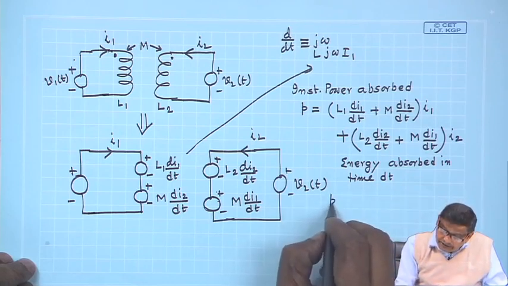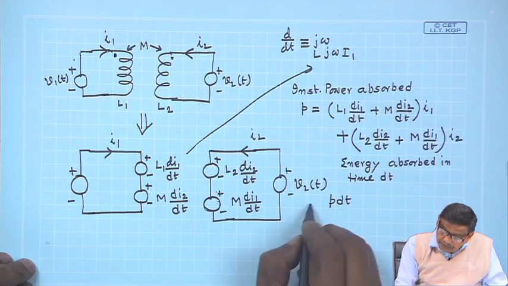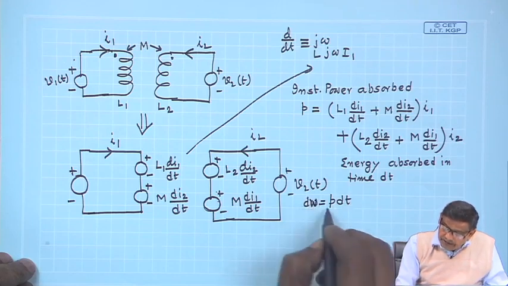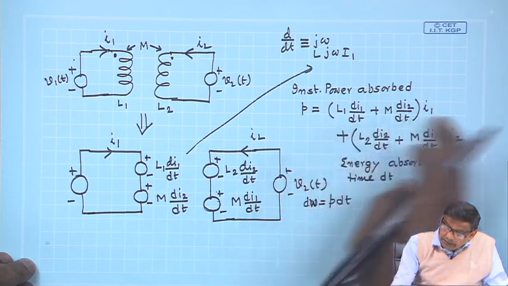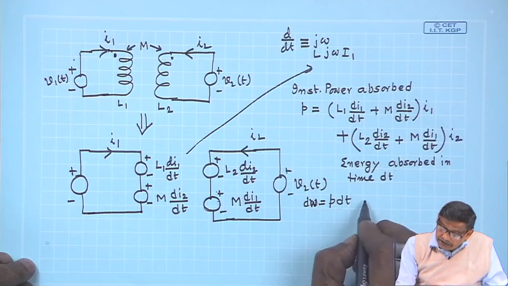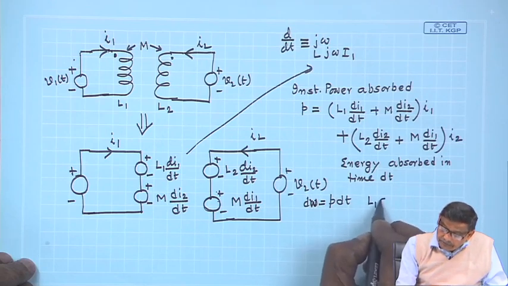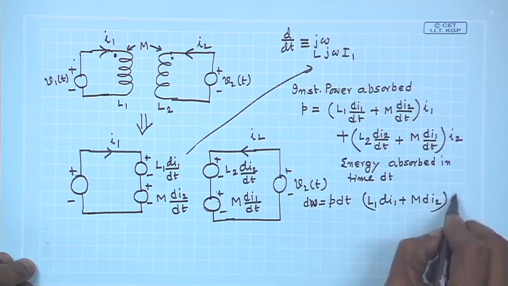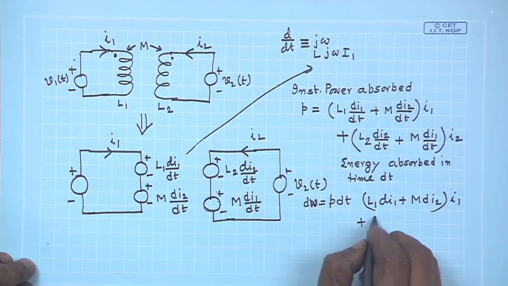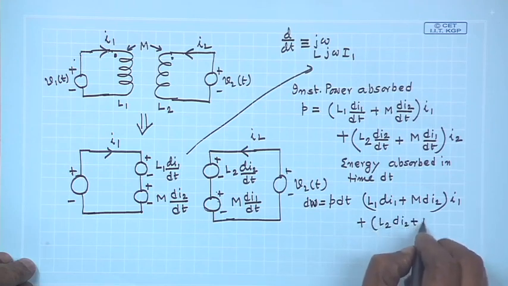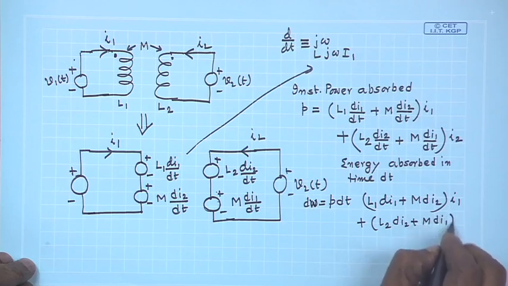So, it will be in that small time energy absorbed, let us write it as dw is equal to p dt. So, multiply with dt and cancel it out. So, it will be L 1 d I 1 plus M d I 2 into I 1 plus L 2 d I 2 plus M d I 1 into I 2.